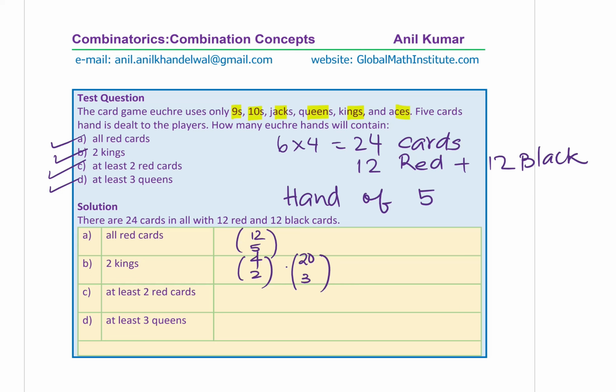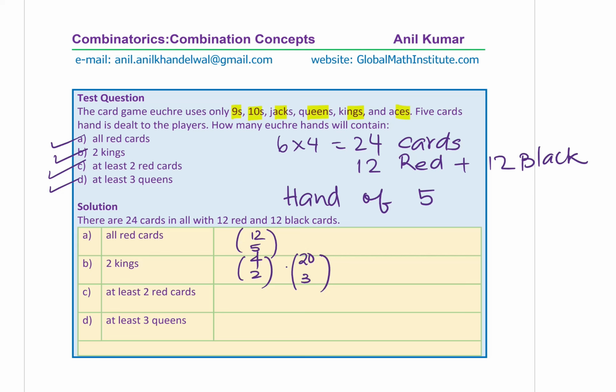And it is with multiplication. At least 2 red cards. Now, when we say at least 2 red cards, what you could also do is find the total number of combinations and remove the ones where we have no red cards and 1 red card. You understand? So we could do that. So that will give you the answer for at least 2 red cards.